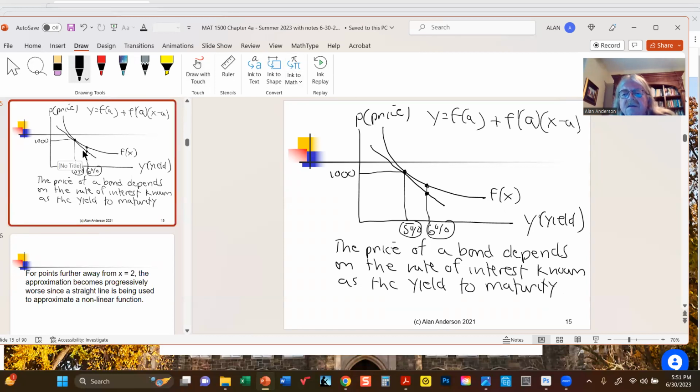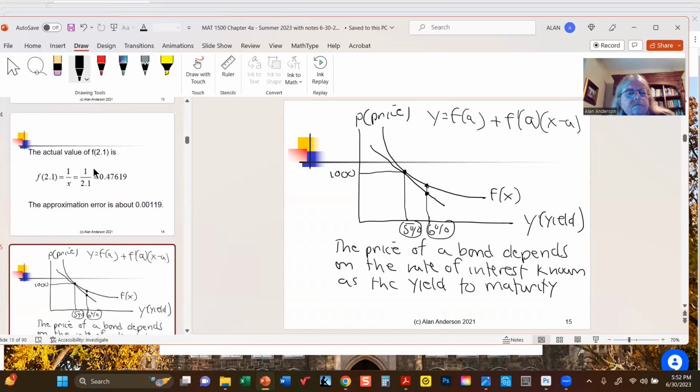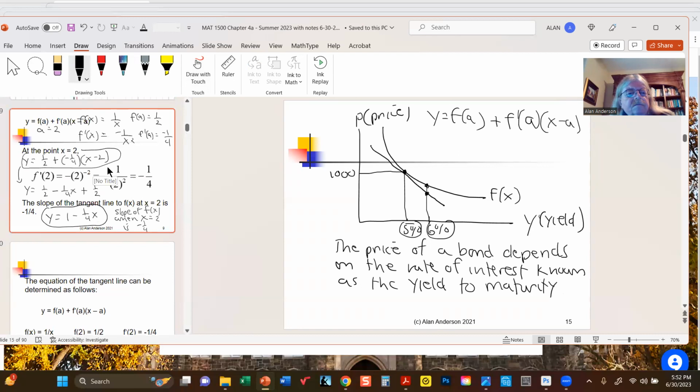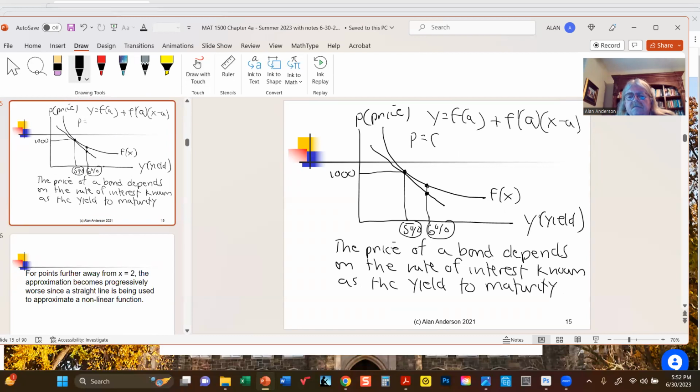Here we're assuming that the price depends on the yield, so we can change the notation slightly. Actually, it's okay, we'll leave it like this. We don't need to change it. We get the idea. What we're trying to do here is use this equation of this tangent line to come up with the approximate value of the bond when the yield rises to 6%.